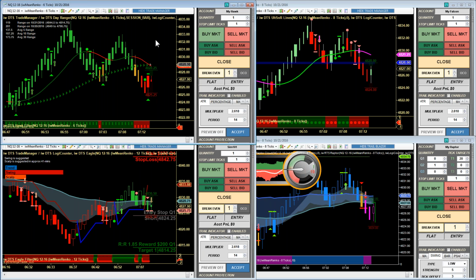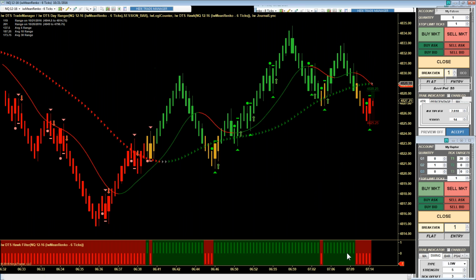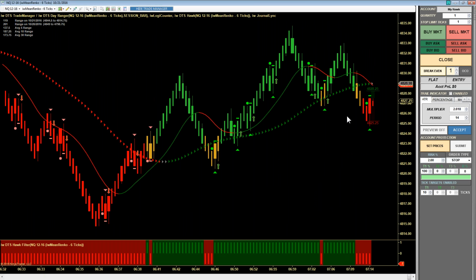And now we have a red bar buy. The red bar buy, of course, we can trade either way. We can look to buy it up.